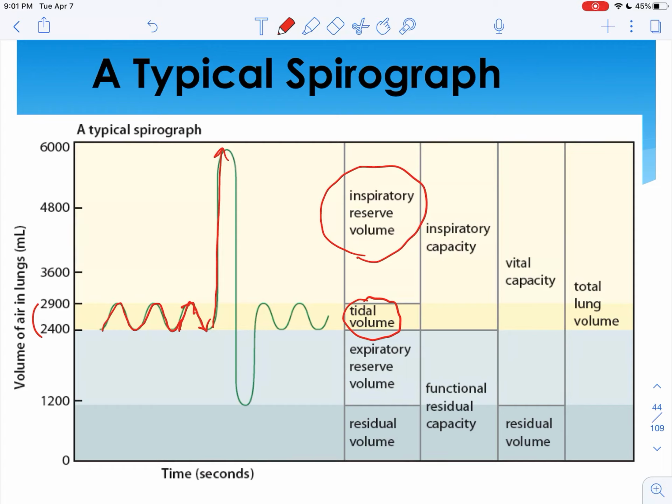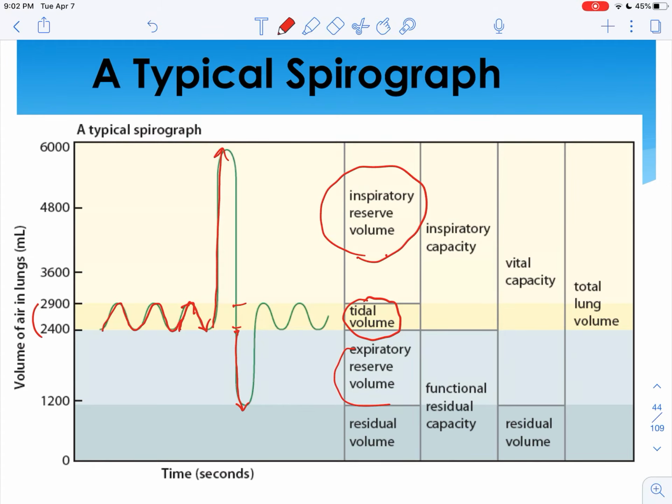With more training and exercise, people are able to strengthen their muscles and increase their ability to hold more air in their lungs, so your inspiratory reserve volume can go up with increased fitness. And also going from that tidal volume area, you can try this right now, exhale as hard as you can.